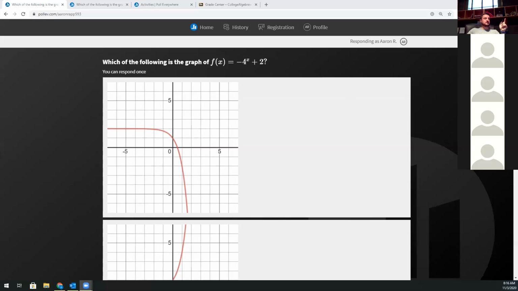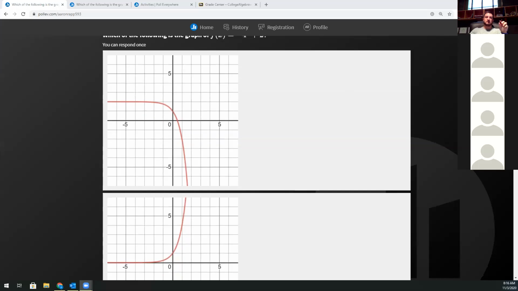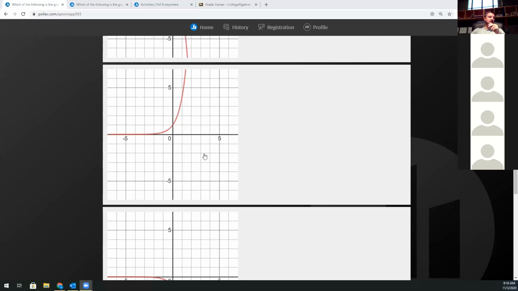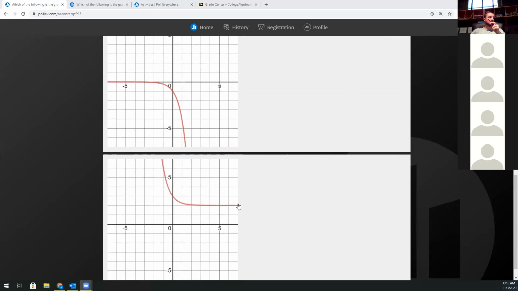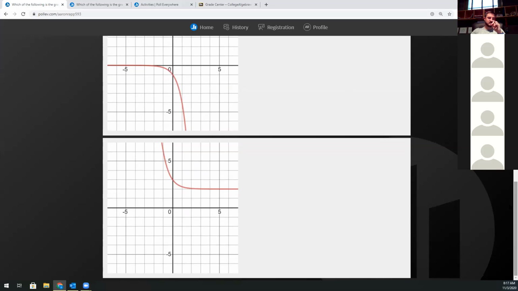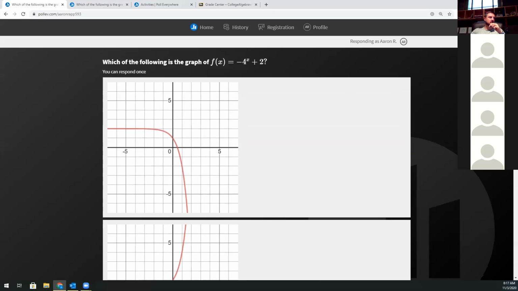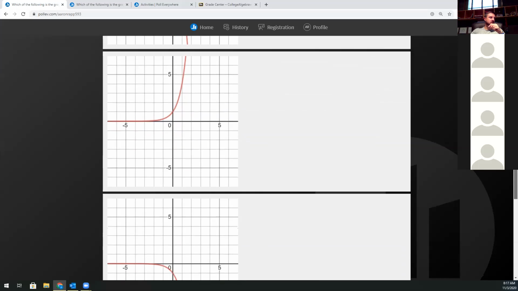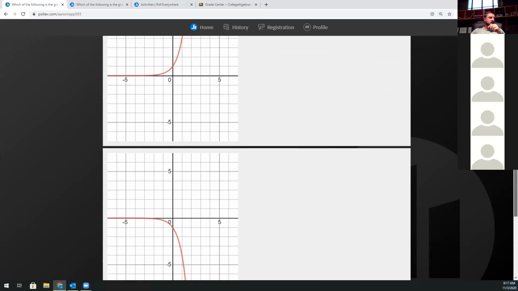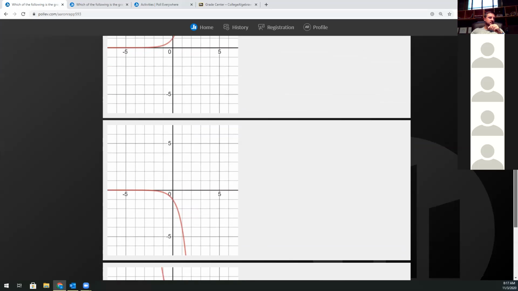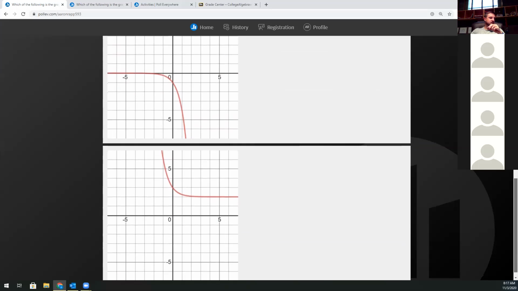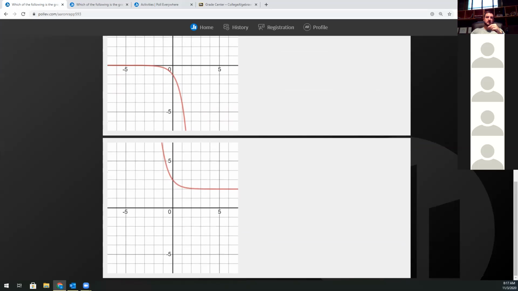So I want you to look at this, take some time, calculate a few points, and see which of these 4 graphs is matching up with the graph of -4 to the x plus 2. Take your time, show this for the recording. So you can pause if you need to, look at these graphs in a little more detail. There we are.